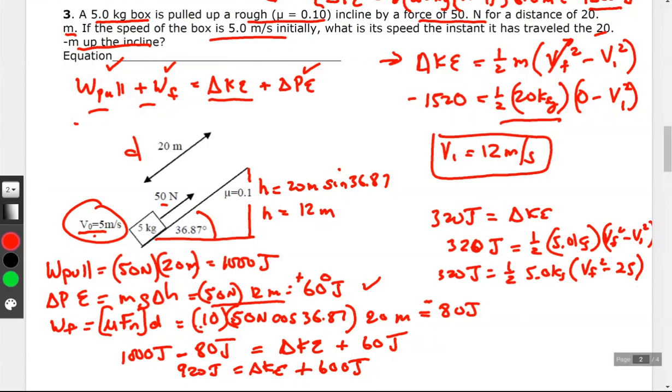Divide both sides by 2.5. So 320 divided by 2.5 equals 128 equals Vf squared minus 25. Add 25 to both sides to get the Vf squared alone. Take the square root, and Vf, this is really nasty, is 12 point, with three significant, we'll call it 12 meters per second.